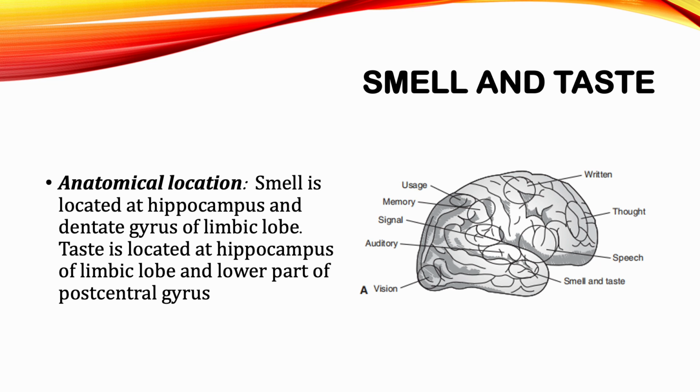Smell and taste areas. Anatomical location: smell is located at the hippocampus and dentate gyrus of the limbic lobe. Taste is located at the hippocampus of the limbic lobe and the lower part of the postcentral gyrus.